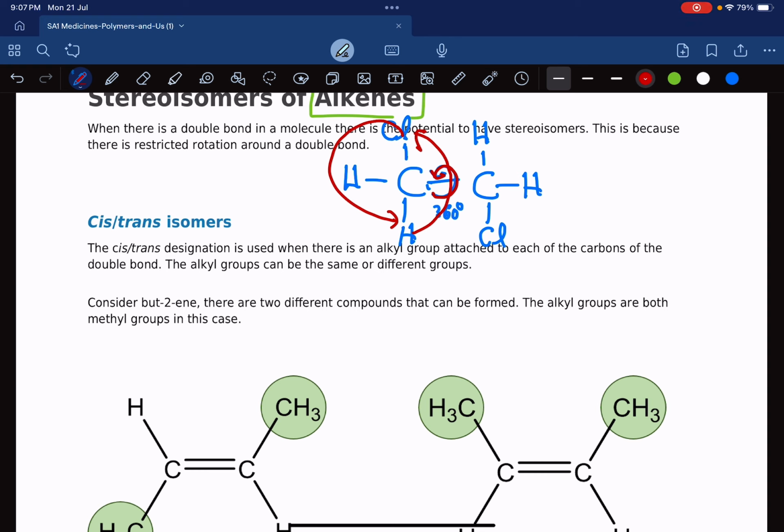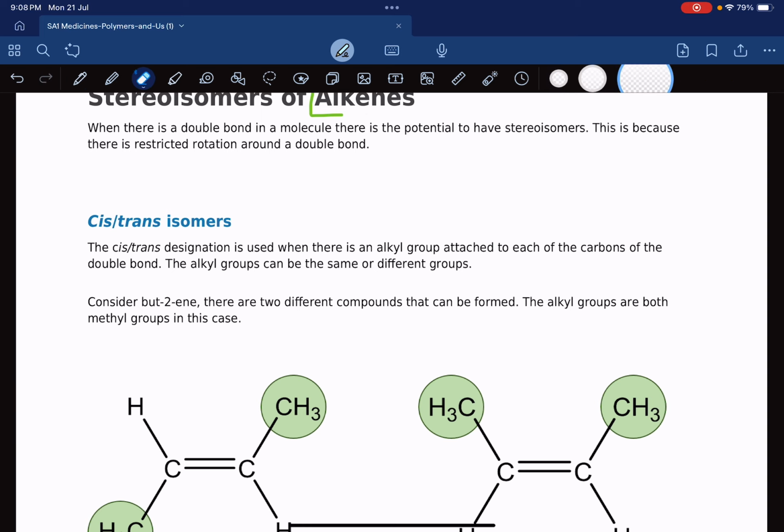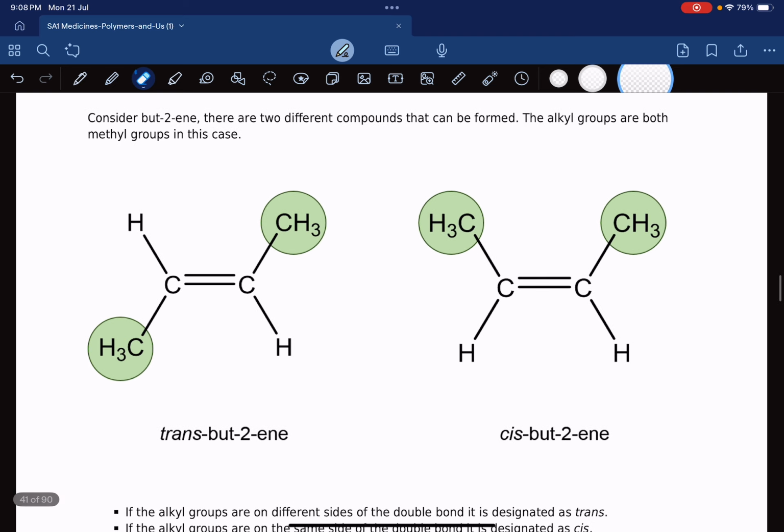That can happen. But when you have a double bond, that cannot happen. For example, in this case here, this is called butene. So both of these images that you're looking at currently are both called butene.